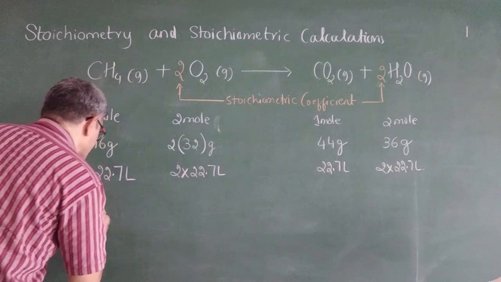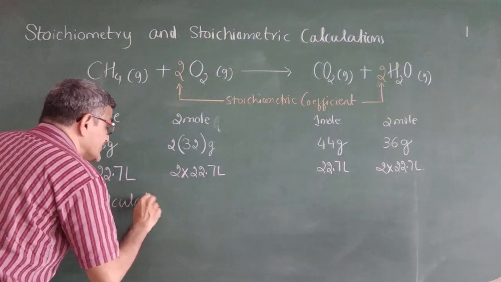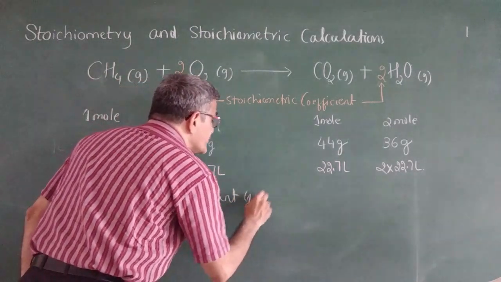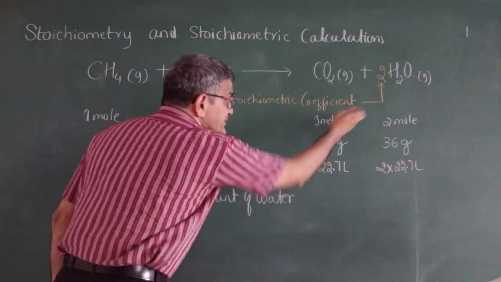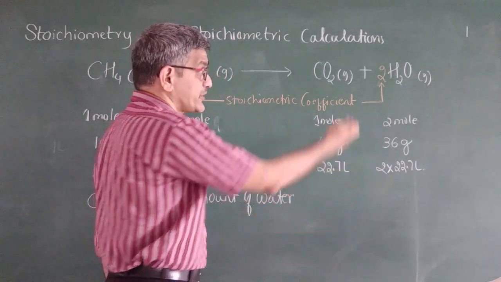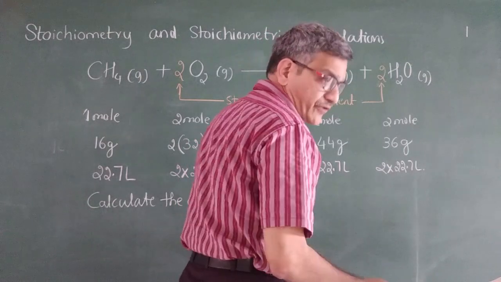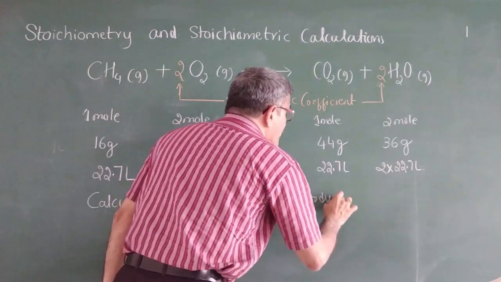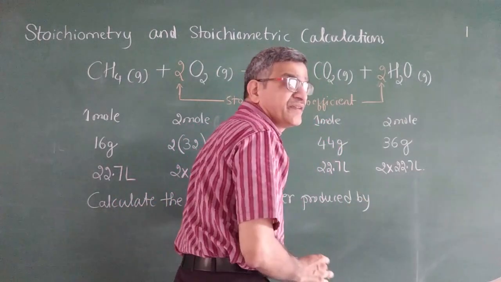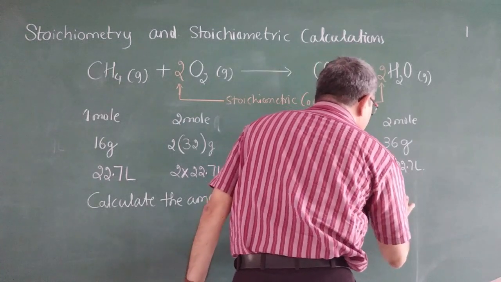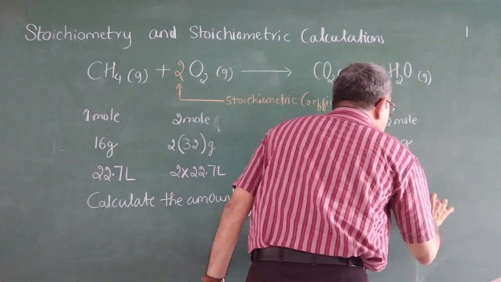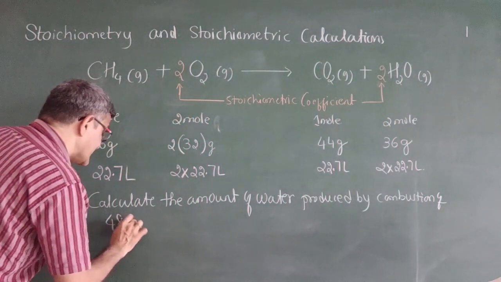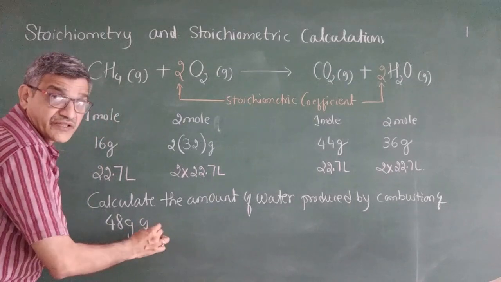Calculate the amount of water produced by combustion of 48 gram of methane.